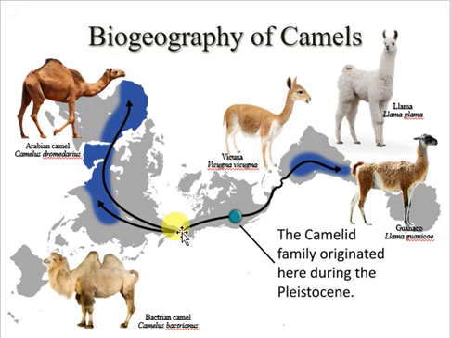Once you lost the land bridge and these continents separated from one another, different species were locked onto different continents, and therefore went through selective radiation events, which is why they all look very different from one another now. So in South America, you have four different species of llamas: llamas, alpaca, vicuna, and guanaco.